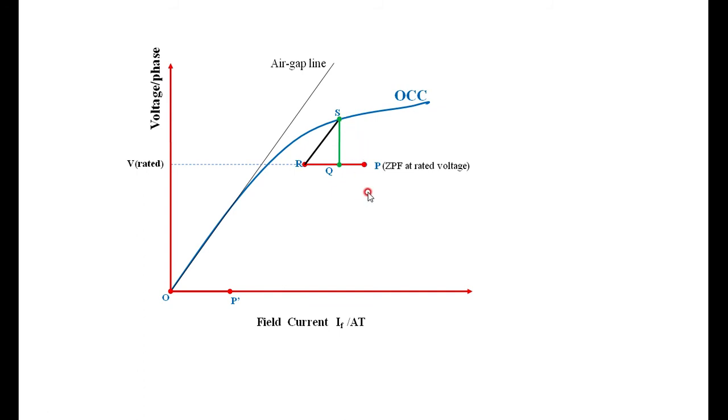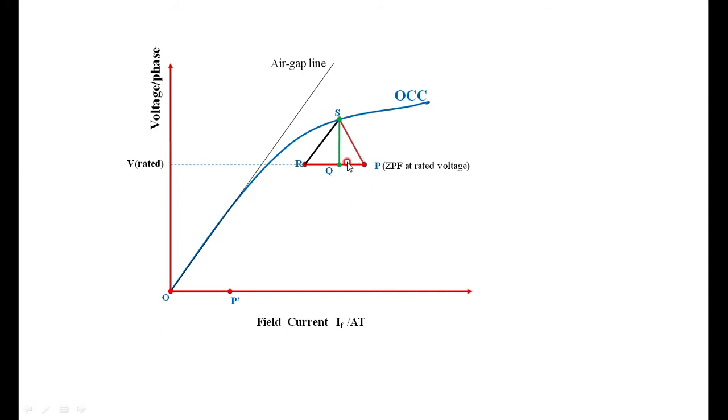The procedure is simple. Draw RP equal to OP dash, then draw a line parallel to the air gap line, drop a perpendicular, and join SP. Then from this triangle, SQ gives the IAXL drop, whereas QP gives the field current required to overcome the armature reaction.